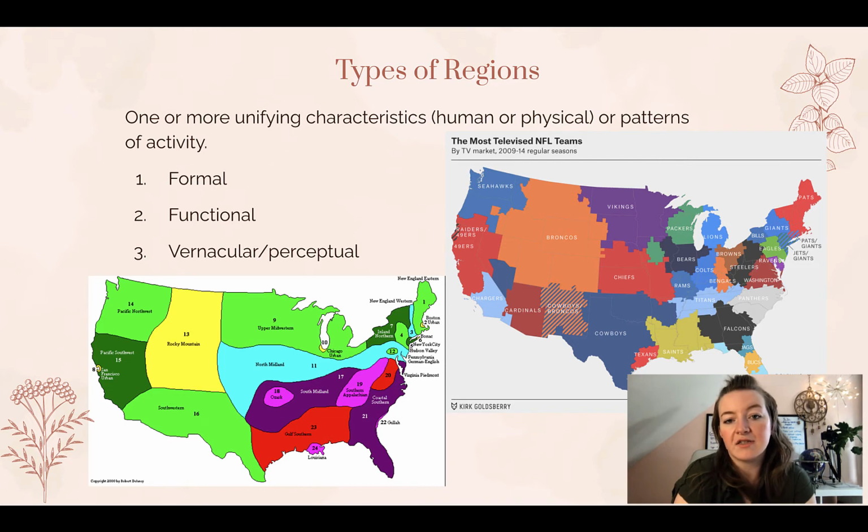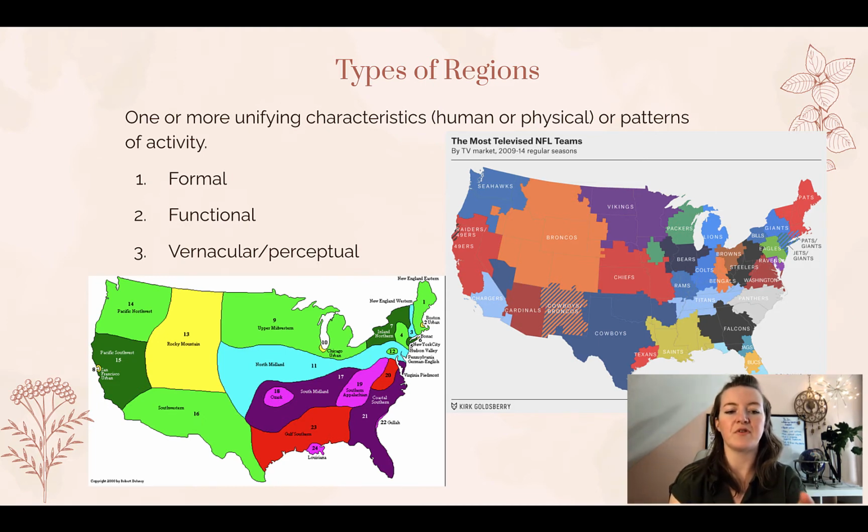We're going to look at types of regions. Regions are defined by having one or more unifying characteristics, human or physical, or patterns of activity. We have three major types: formal, functional, and vernacular or perceptual. Vernacular and perceptual are the same thing.